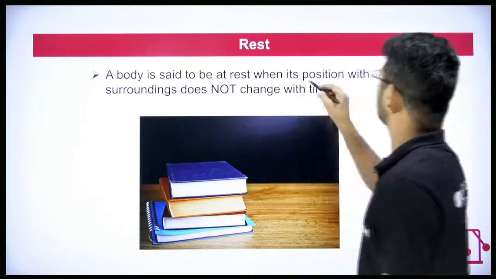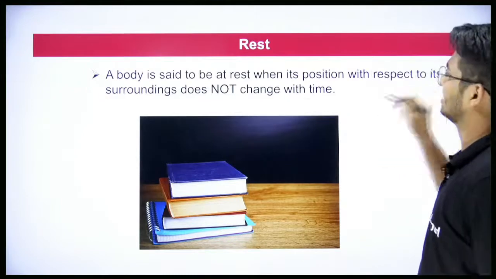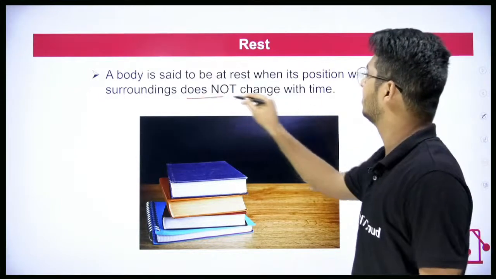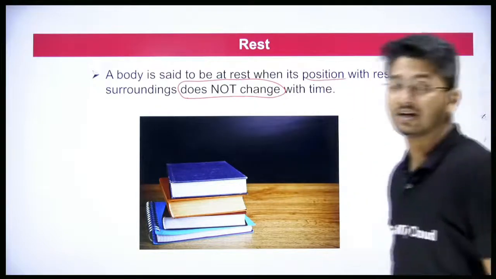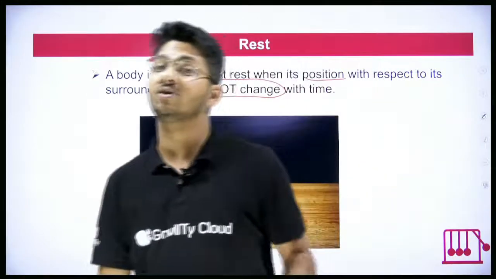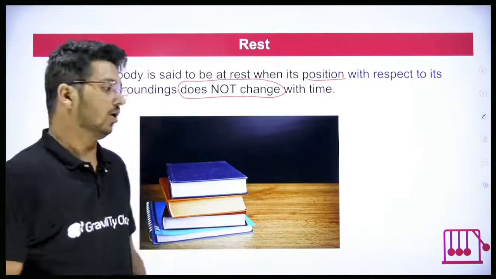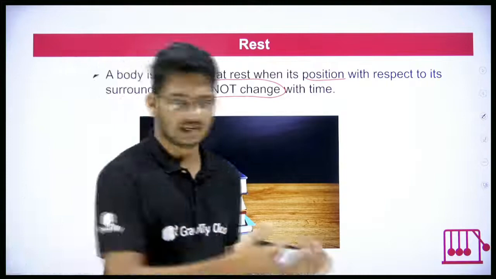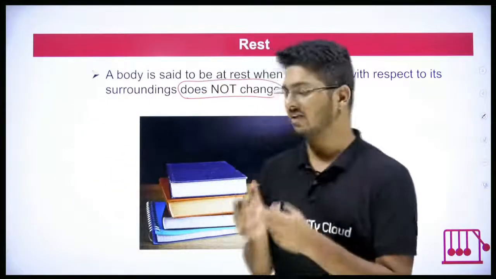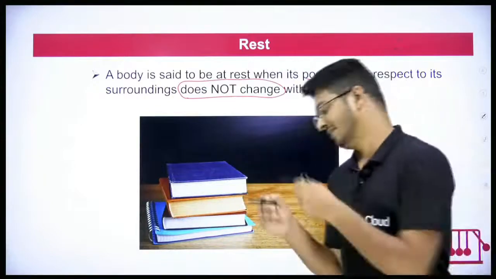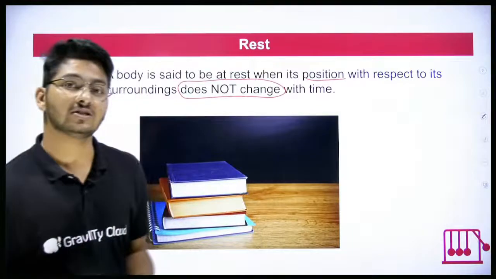A body is said to be at rest when its position with respect to its surroundings does not change with time. Simple, right? Or else if the position changes, I mean, see, I've been walking. So my position is continuously changing when I walk. Even very slowly, even very small, but my position is changing.